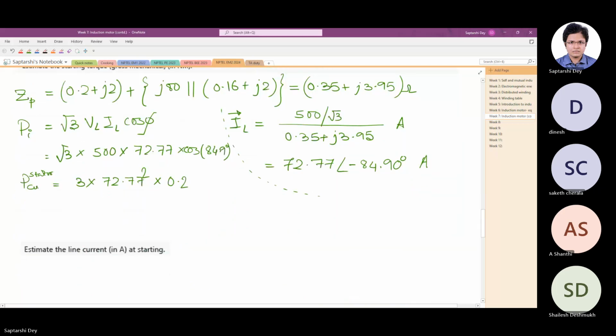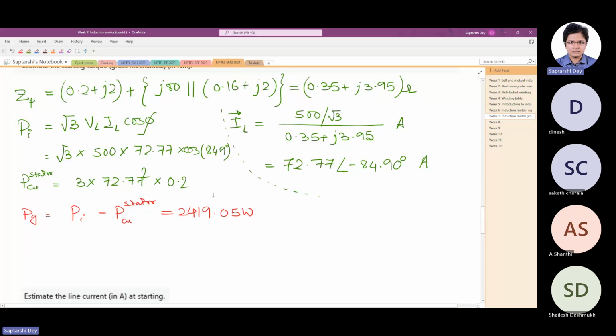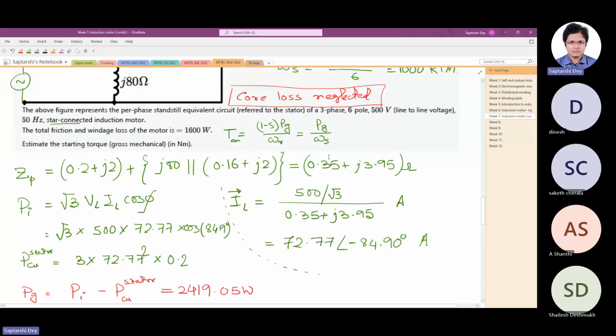Okay. Now since that is neglected, the gap power is input power minus stator copper loss, which comes out to be this much, the gap power.